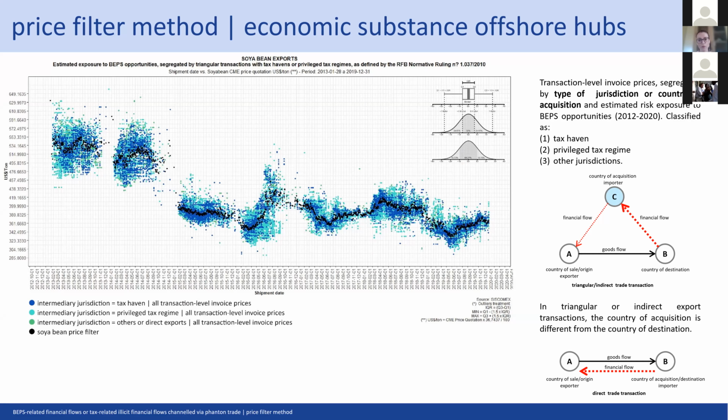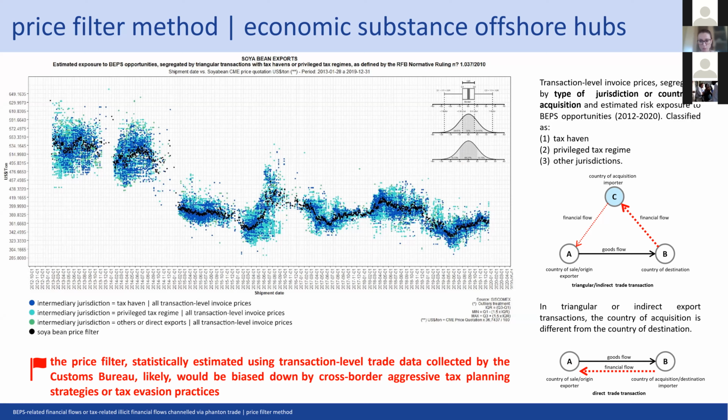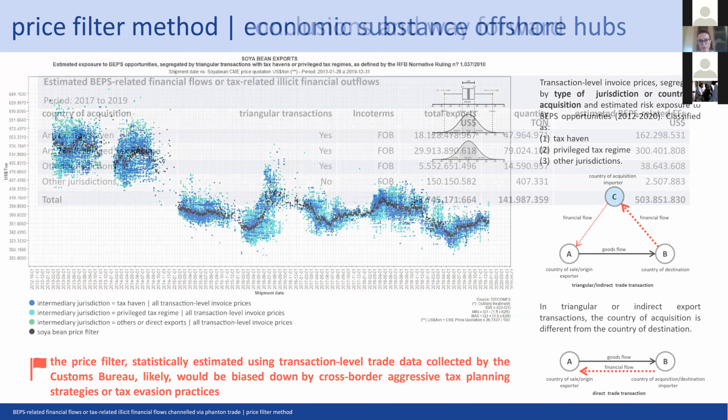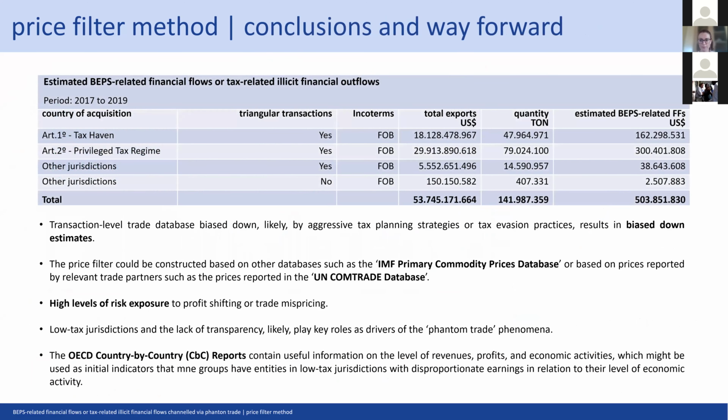This finding also means a red flag warning, because the price filter, which was statistically estimated using the transaction level trade data, likely would be biased down by cross-border aggressive tax planning strategies or even tax evasion practices. Well, as a result, the estimated underinvoiced amount in export transactions would be biased down as well.